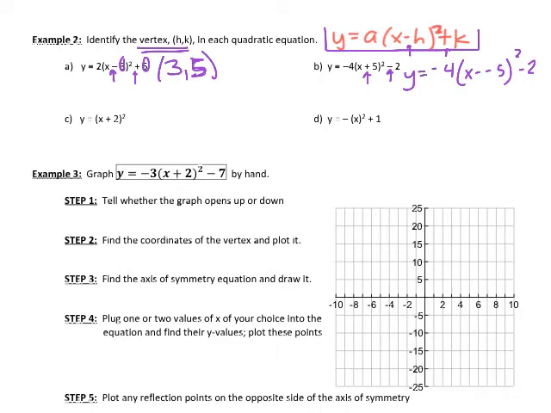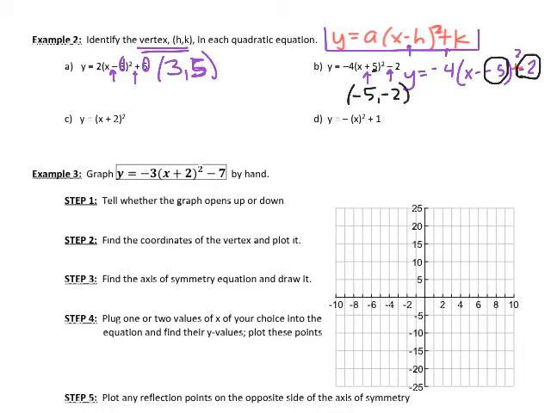So that also could be considered plus -2, couldn't it? So that means then that if we identify our h and k properly, the h is actually -5, not +5, and our value for k is really -2. So our vertex here is -5, -2.